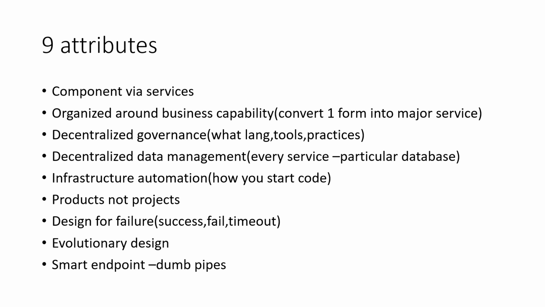Next, we can say infrastructure automation. How do you basically start a code? When we make any kind of service, let's take a validation service. In the validation service, we have different kinds of services. We don't know the number of services in the validation service, in the processing service, and in the payment services. Let's take it as a single validation service. When we make a validation service, what are the steps to make it?